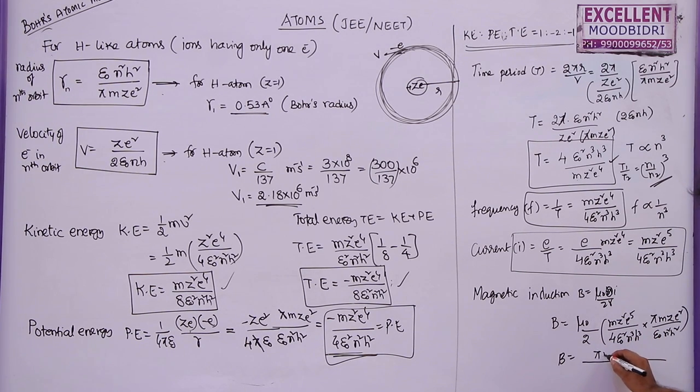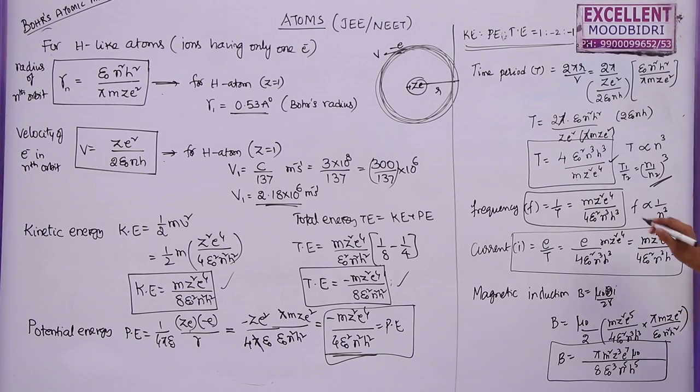So pi m square Z cube e power 7 mu naught by 8 into epsilon naught cube n power 5 h power 5 here. So this is the magnetic field induction of this electron that is revolving in this orbit.